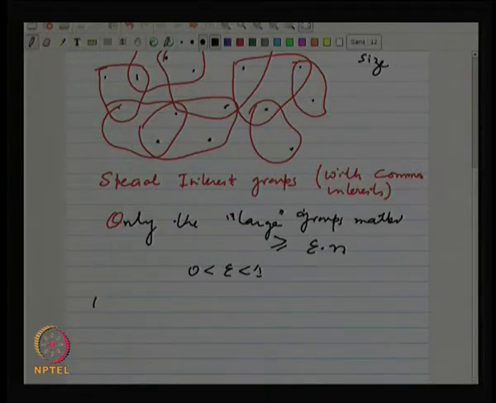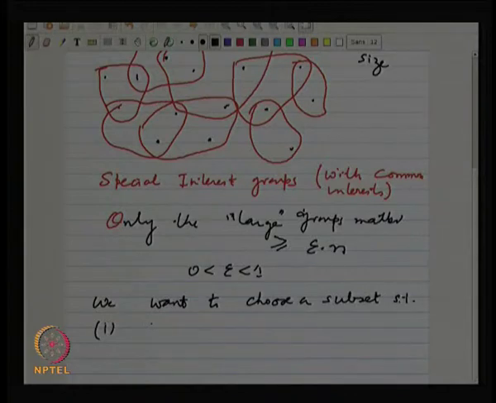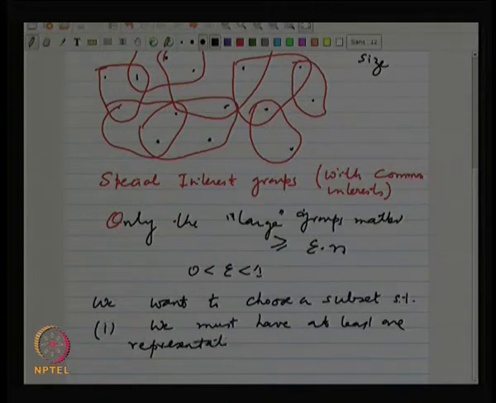So, we want to find or choose a subset such that, number 1, we must have at least one representative from each of the large subsets.